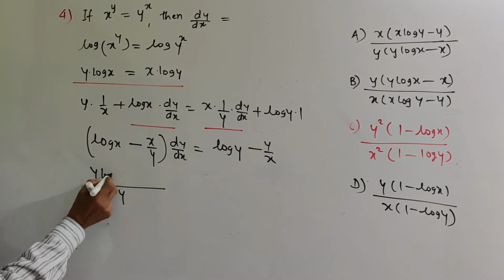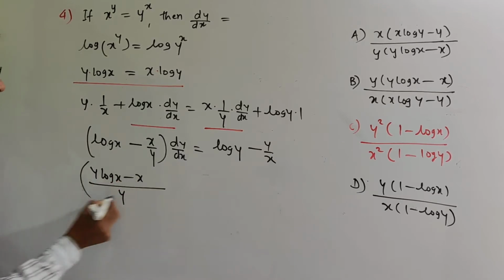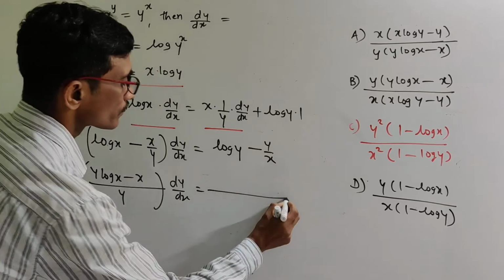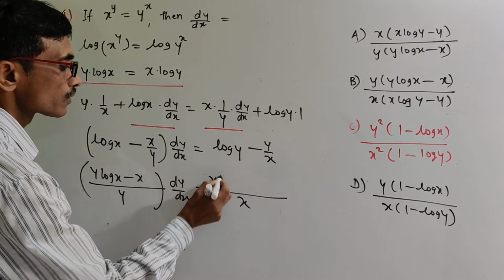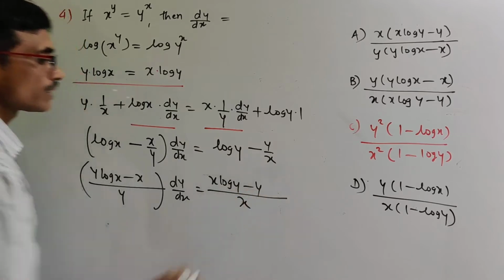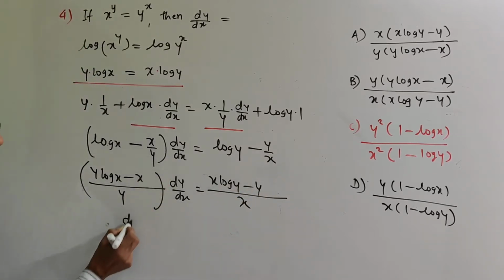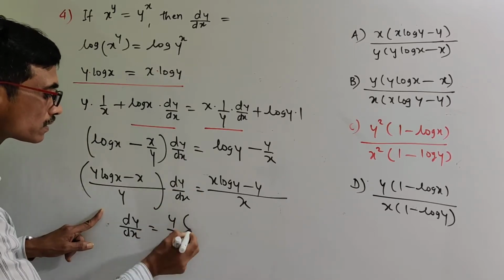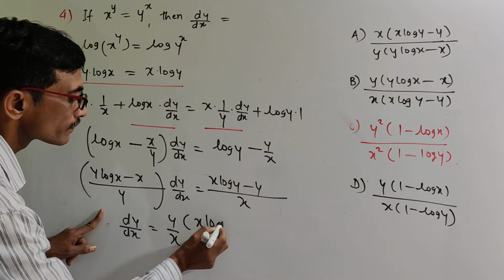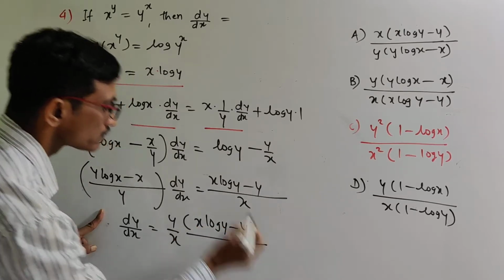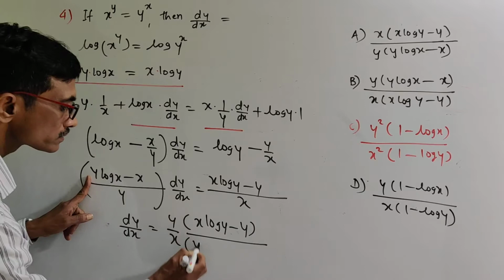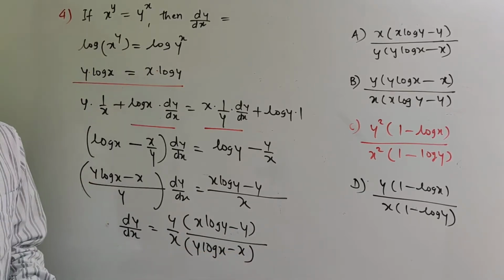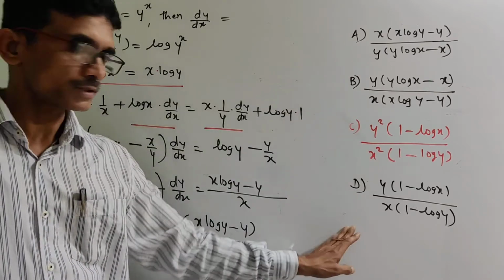So y log x minus x into dy by dx equals, on the right hand side, x log y minus y. So that our dy by dx will become y by x into x log y minus y upon y log x minus x.